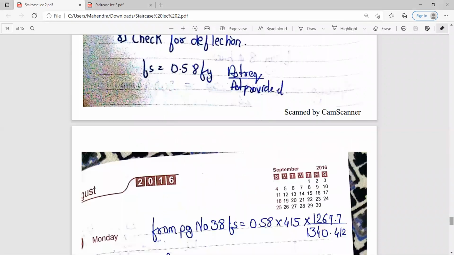So the formula for checking the deflection is Fs equals 0.58 Fy into Ast required upon Ast provided. For this formula, you need to refer page number 38 of your IS 456 2000. So Fs will be equals to 0.58.